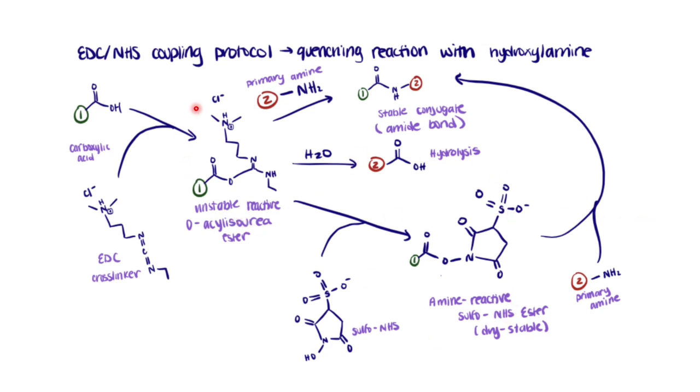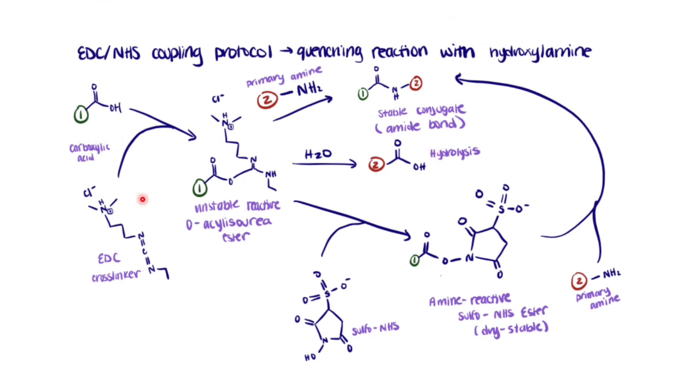So this will be an unstable reactive molecule, and this will be a stable molecule. Further on reacting with a primary amine, it will form an amide bond. So it is just a reaction for formation of an amide bond. But when you want to do it chemically, this particular coupling reaction will be used.